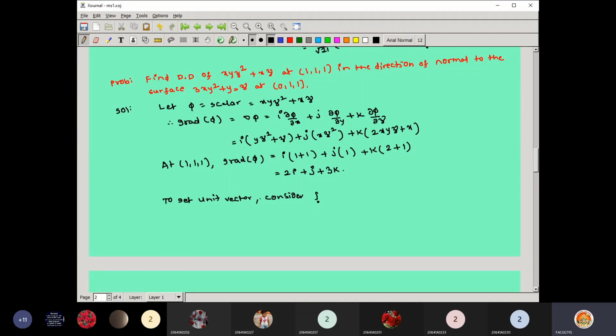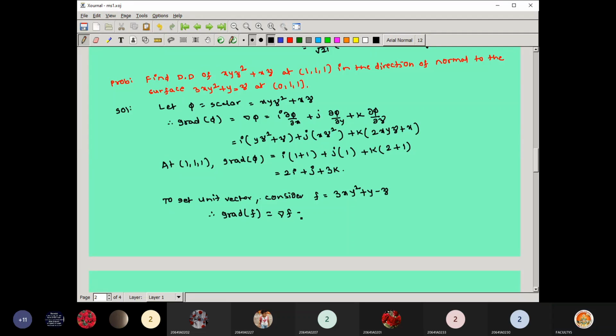That scalar I am denoting with f. So it is 3xy² + y − z, I am taking to the left side. So this scalar I need to convert into vector. Remember, in order to convert into vector, I am just calculating gradient. So gradient of f. Because I need a vector, scalar to be converted into vector by applying the gradient.